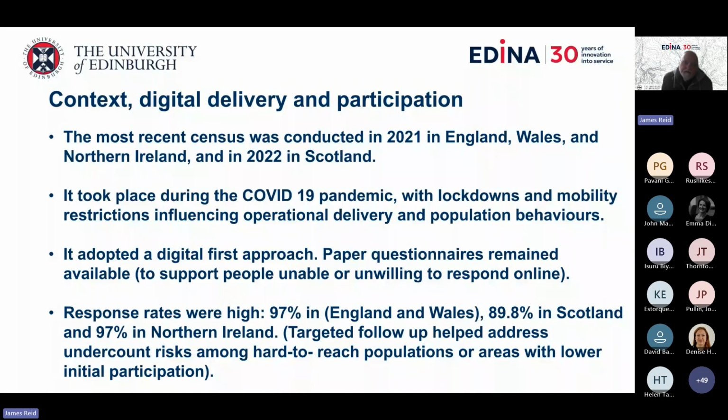So physical hard copy forms were still available. Response rates were high, as they traditionally have been, 97% in England and Wales, slightly lower in Scotland. And there's contested reasons as to why that might have been in Scotland. Possibly having that extra year's delay didn't help.